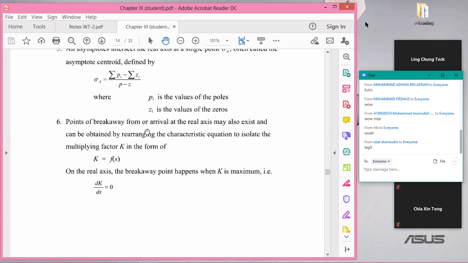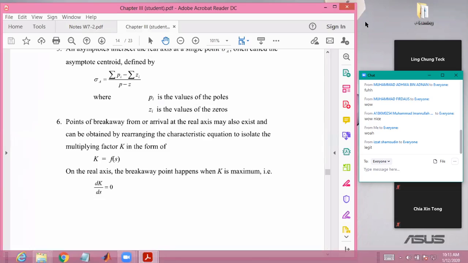Therefore, we are going to have an arrival point. We can compute the arrival point the same way we compute the breakaway point, by rearranging the characteristic equation for k as a function of s, taking the derivative of that, and then solving for the break-in point. So in this case, instead of the breakaway point, we are going to determine the arrival, the break-in point.